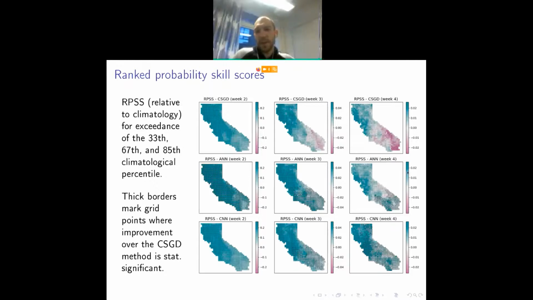However, we also see that the skill for extended lead times is relatively low, and so that motivates us to look further into additional sources of predictability that we haven't explored so much in this work.